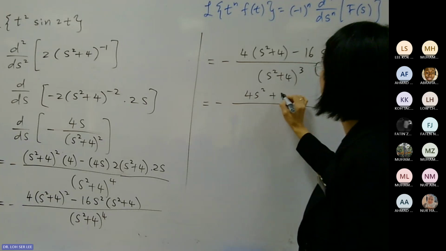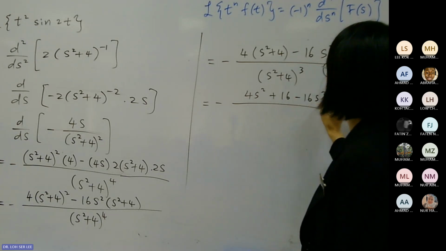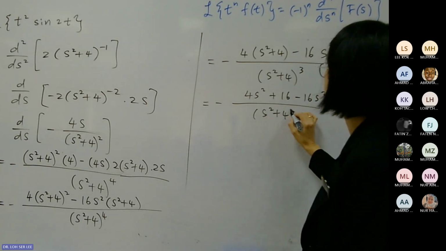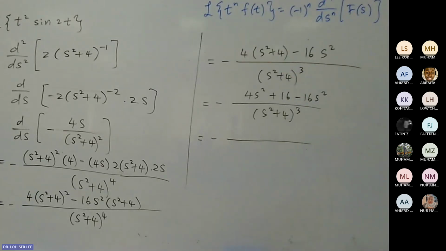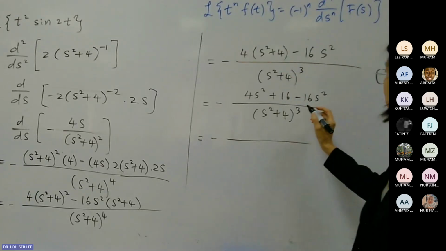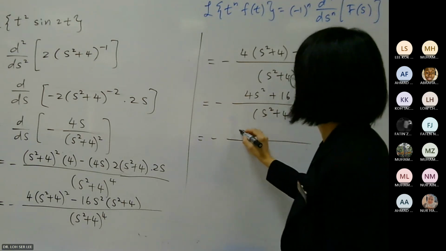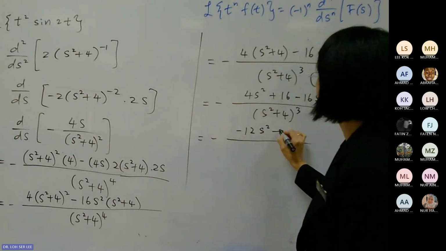4s squared plus 16 minus 16s squared. So 4 minus 16, negative 12s squared plus 16.